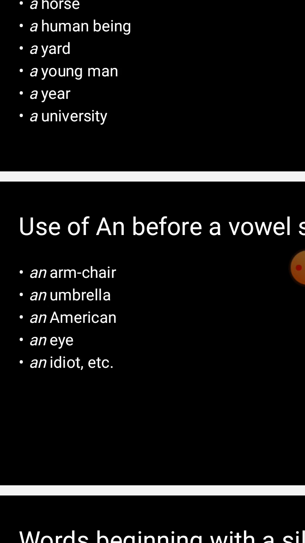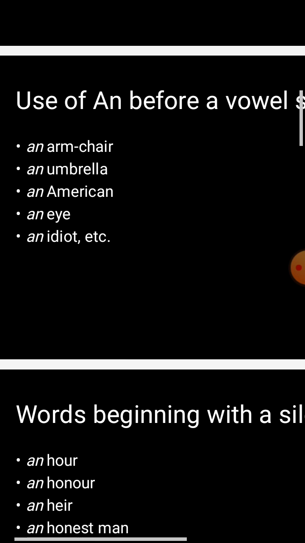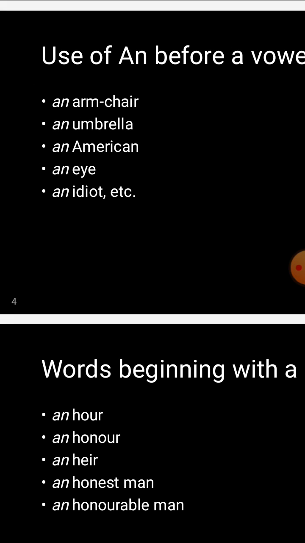An I. Again you hear the I sound. An idiot. So I is pronounced as E. You say idiot. So the words beginning, or when you hear the vowel sound, they take the article an.